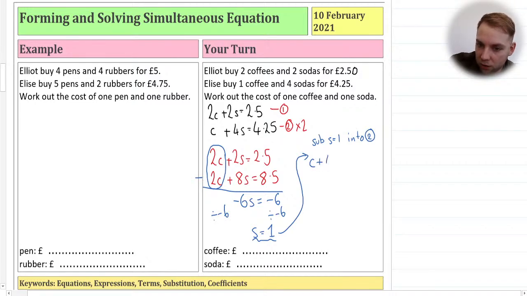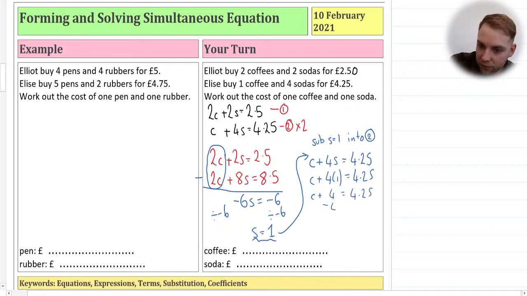C plus 4S is equal to 4.25. So I know that S is equal to 1. So C plus 4 times 1 is equal to 4.25. So C plus 4 is equal to 4.25.